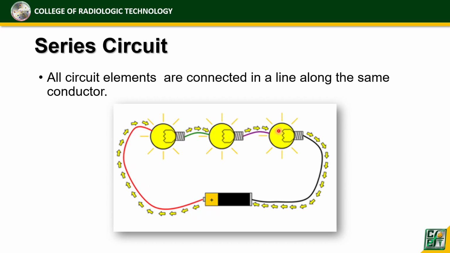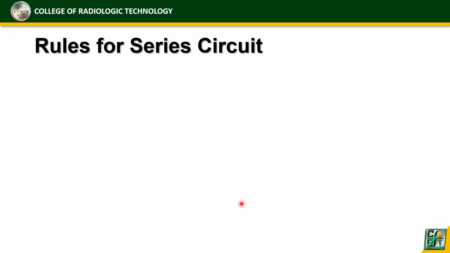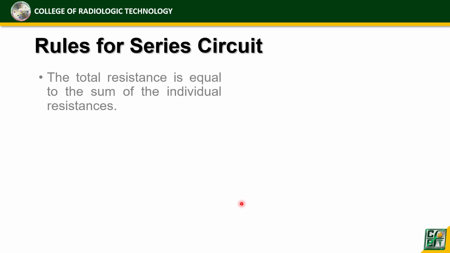Series. Positive, outward, yan, of course. Then, negative, inward. Okay, so rules for series circuit. The total resistance is equal to the sum of the individual resistance.